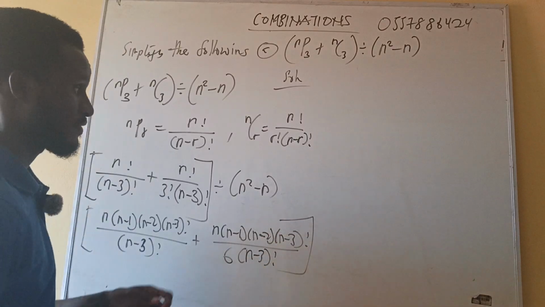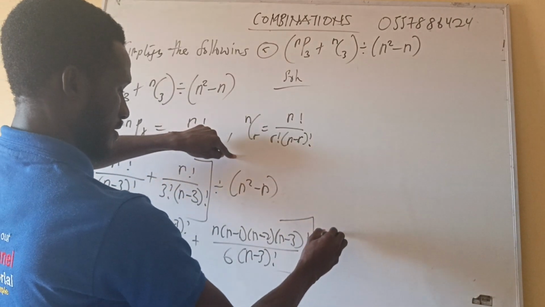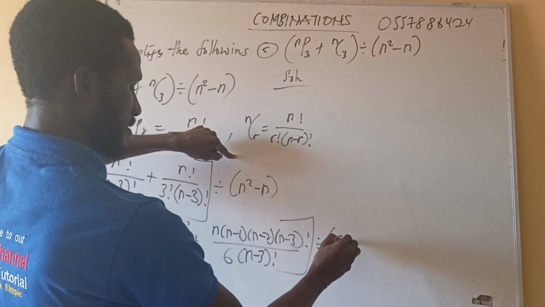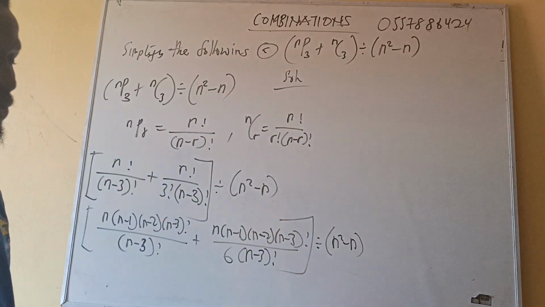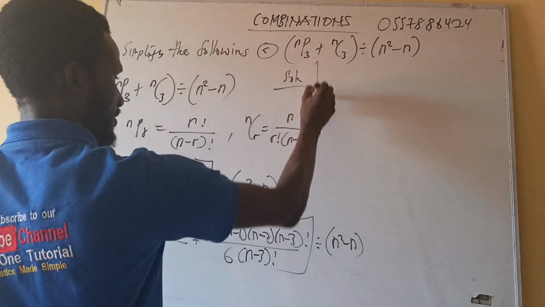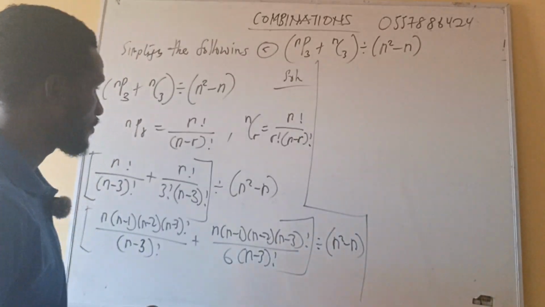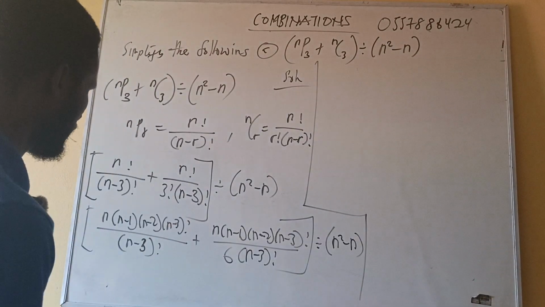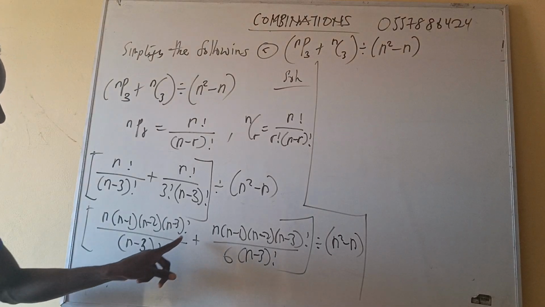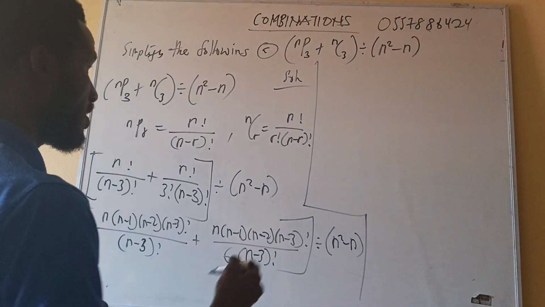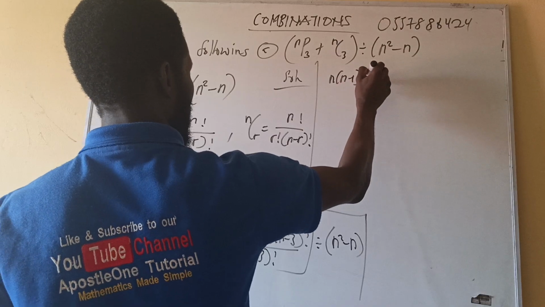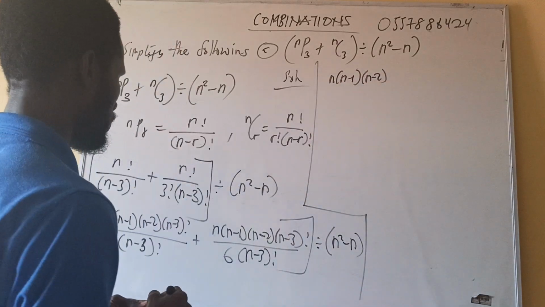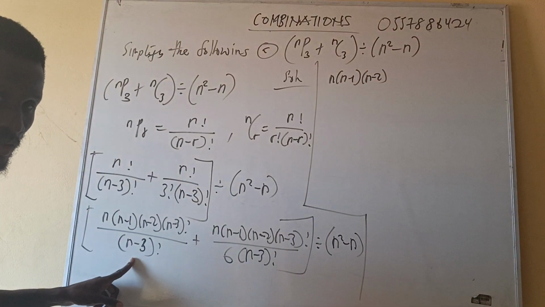Now don't forget the whole of this is divided by n squared minus n. Now n minus 3 factorial cancels n minus 3 factorial, so I'm going to have n times n minus 1 times n minus 2 for this one.